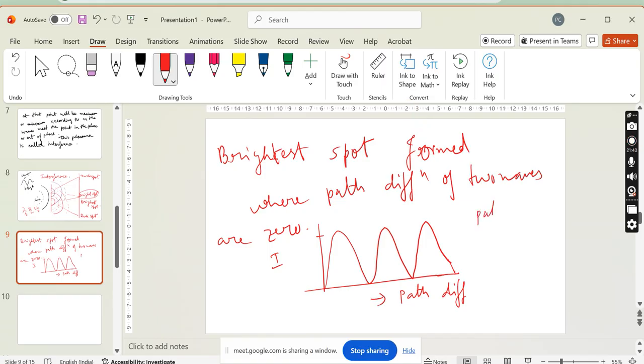So for path difference 2n lambda by 2 we will get a bright spot, and for path difference 2n plus 1 lambda by 2 we get a dark spot.